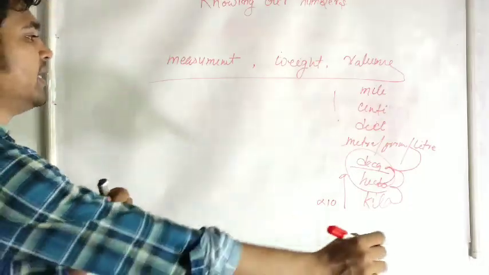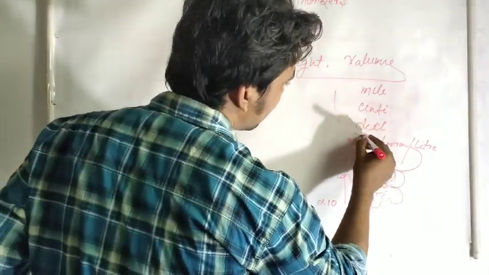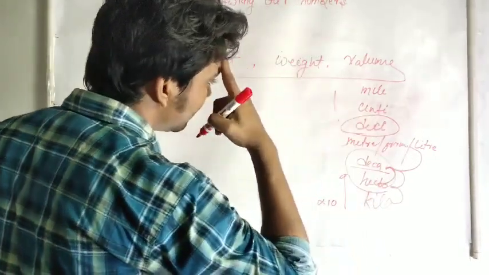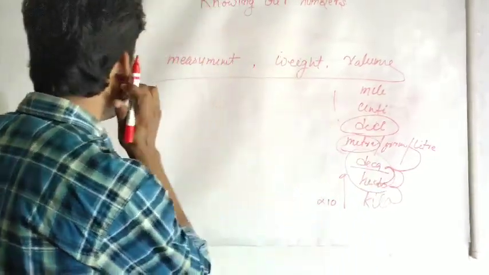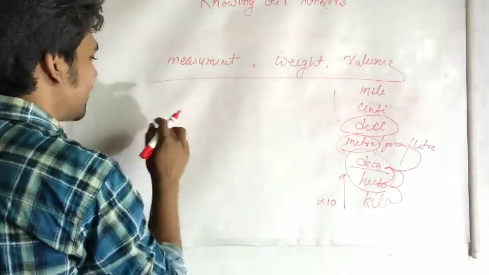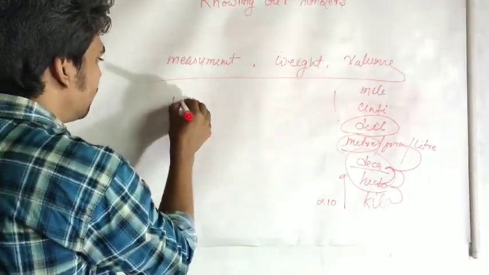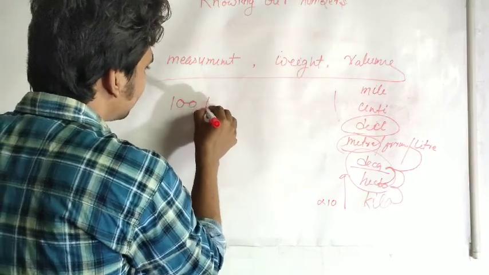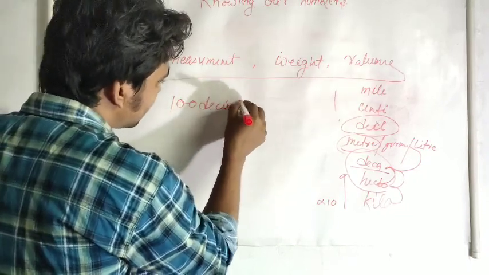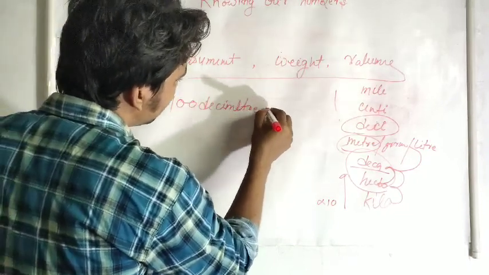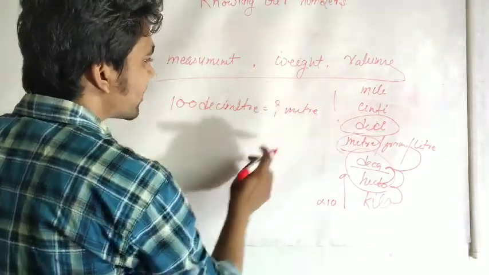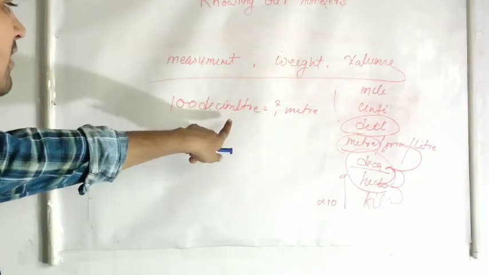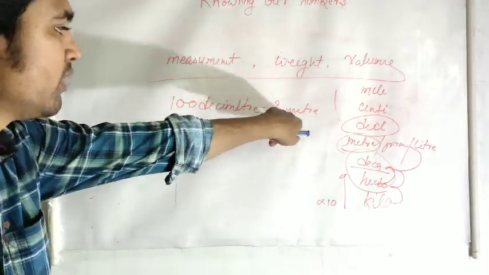We have to find the relationship between decimeter and meter. We have an example: 100 decimeter is equal to how many meters?